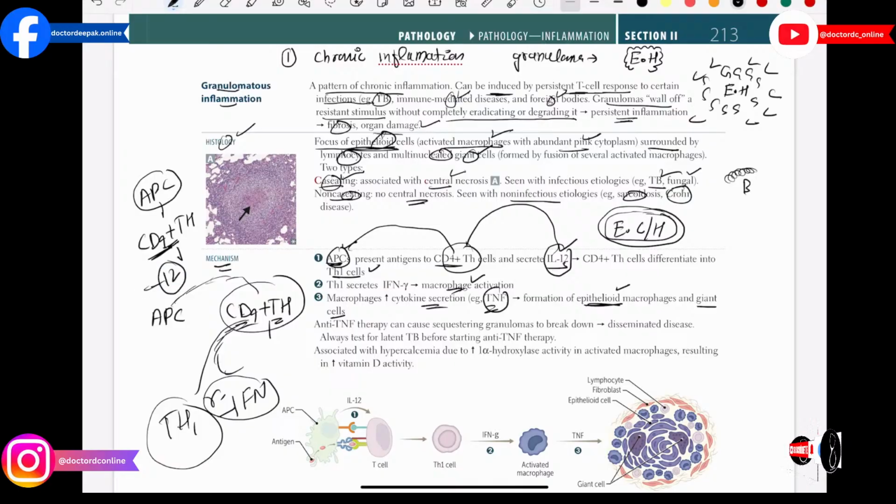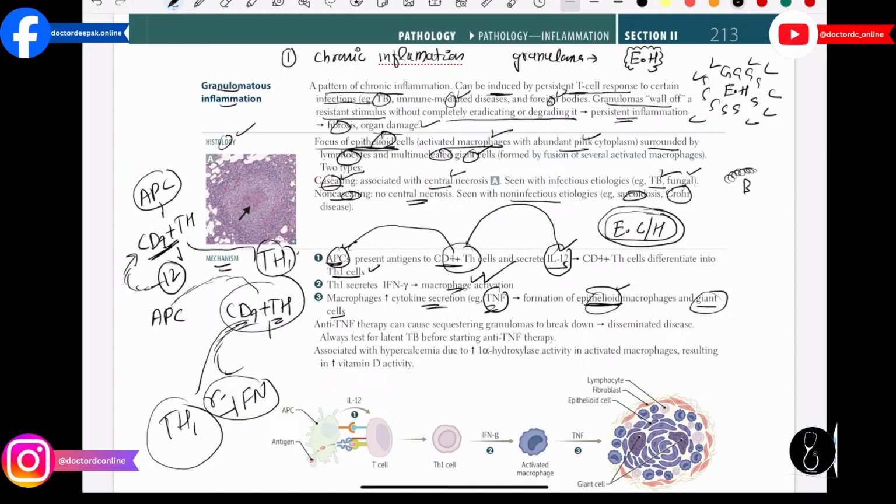This interleukin 12 will go back and stimulate this CD4 plus T helper cell into a T helper 1 cell. When this T helper 1 cell is produced, it will produce gamma interferon, and this gamma interferon will go and activate the macrophages, and when the macrophages are activated, they will produce cytokines like tumor necrosis factor, and this tumor necrosis factor will convert the macrophages into epithelioid cells and giant cells.